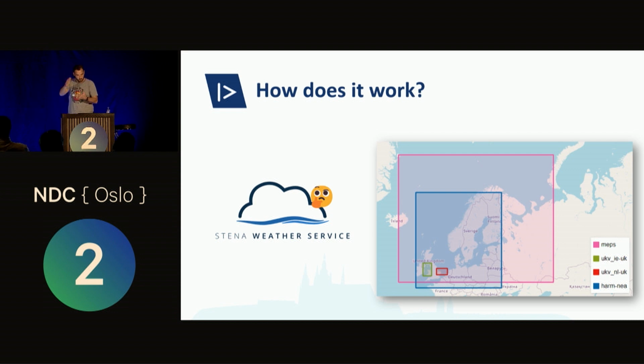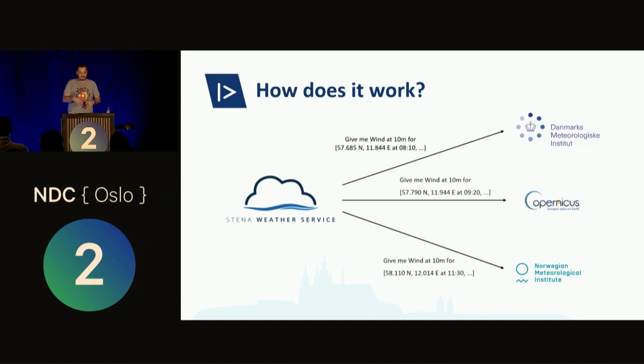So it checks which one is correct. Then it checks if there's any new forecast available. In other words, it checks who we should ask for the data on the road, and whether it is even necessary to do so. Then some kind of bulk requests are created, and the weather service asks each provider in parallel for its part of the route.